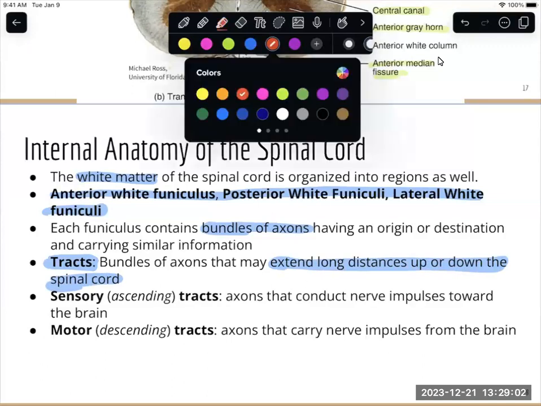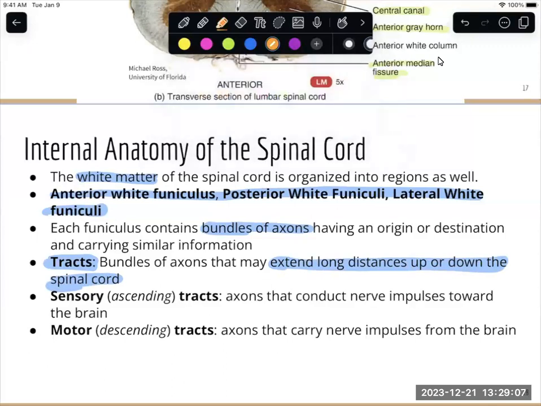So the different types of tracts. We have sensory tracts, or ascending. So this is that information that is going towards the brain. We have our motor or descending tracts.